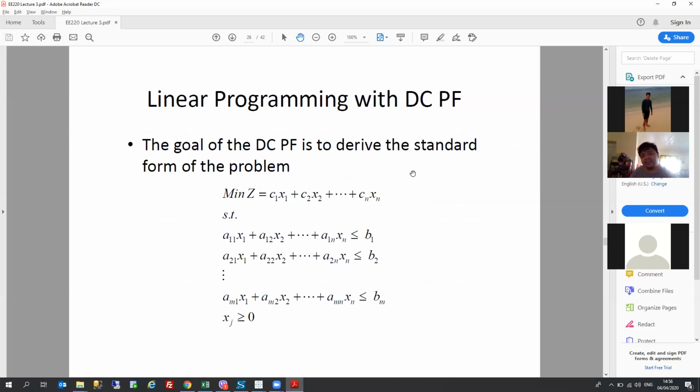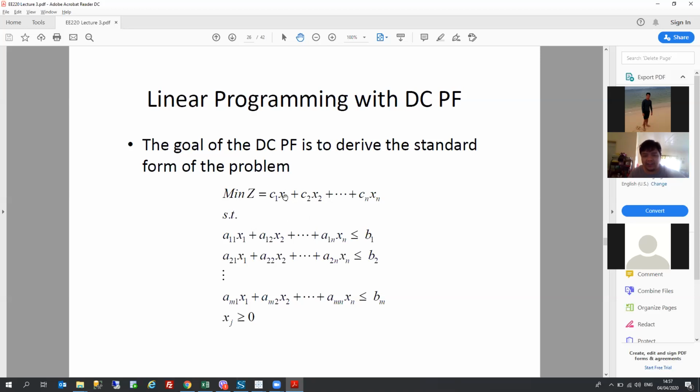So this is the standard form or format of our objective function. You have to minimize the cost function Z that is equivalent to, kasi nga linearized na siya, no? Dati guys, quadratic equation siya, no? Ginagawa pa natin yung Lagrange, then partial derivative. Pero dahil ni-linearize na yung problem, sabihin nun, first order na yung equation, makikita nyo, meron lang constant.